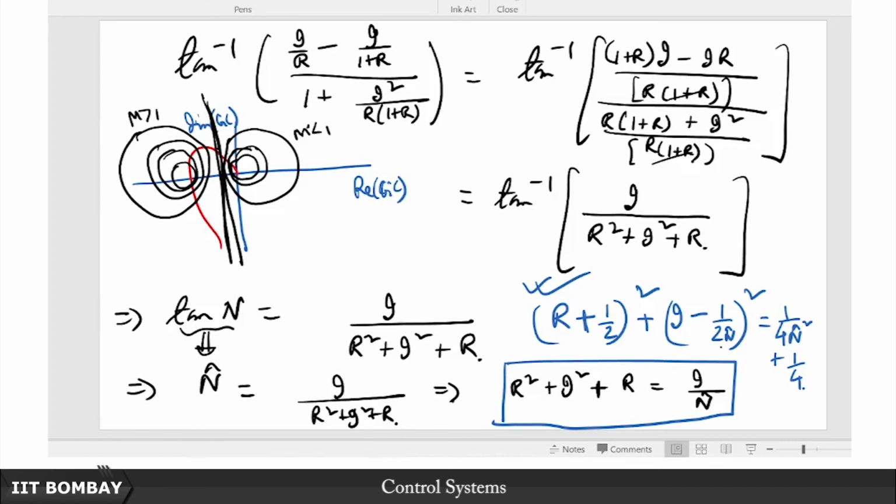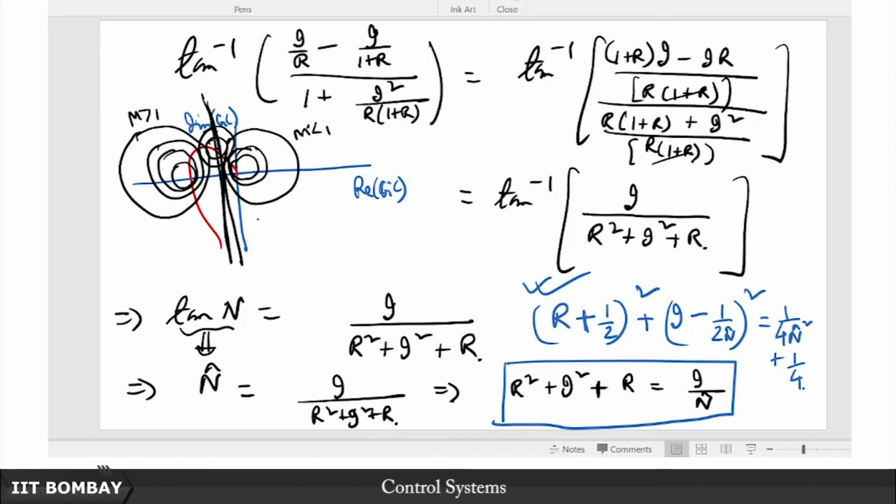Depending on whatever n you choose, the circle will shift and the radius will shift accordingly. As n increases the radius decreases. So, as phi, the closed loop phase, increases, the radius decreases, and it becomes a smaller and smaller circle closer to the axis. So, you will get these m circles and n circles.